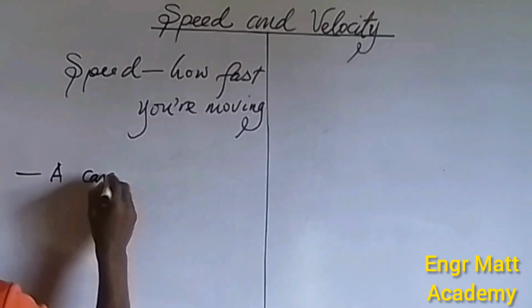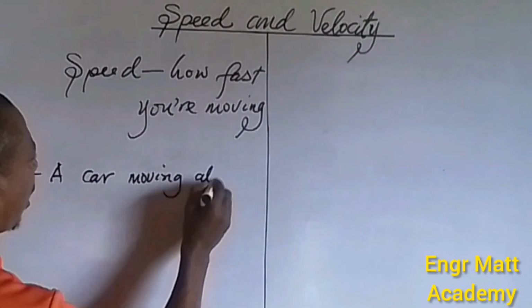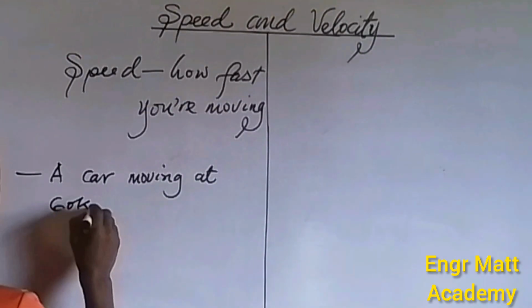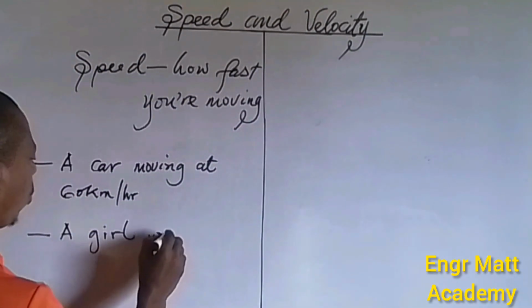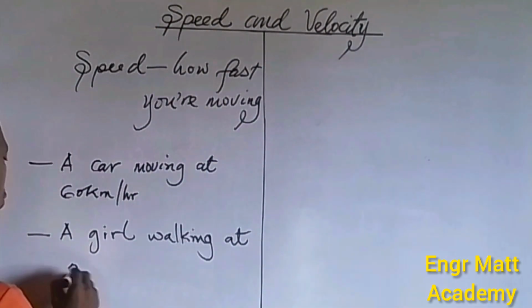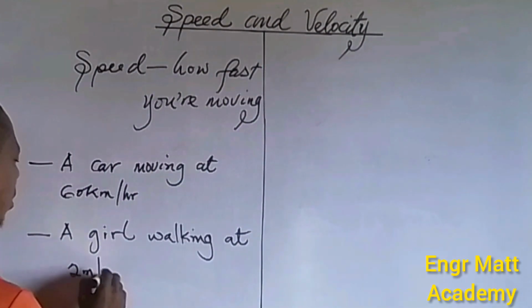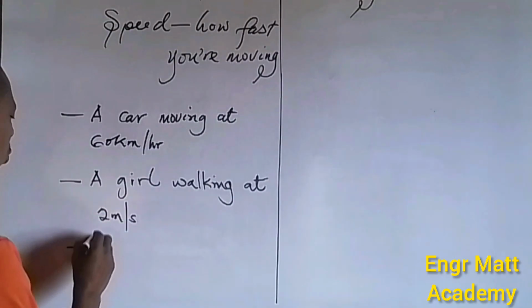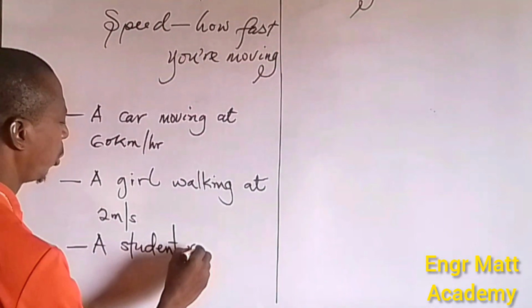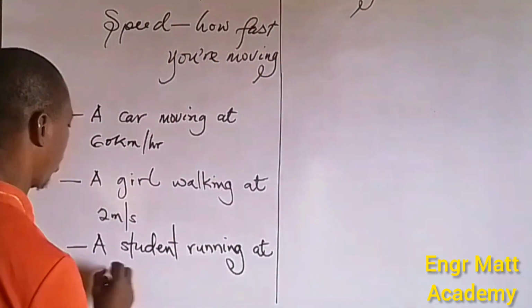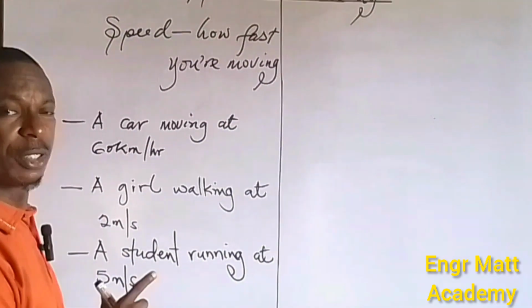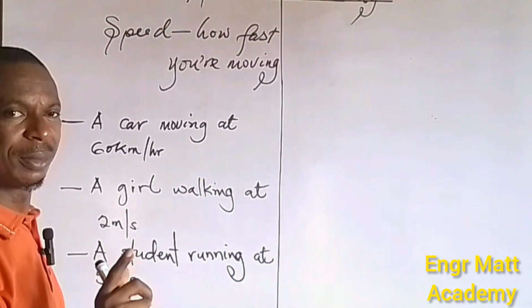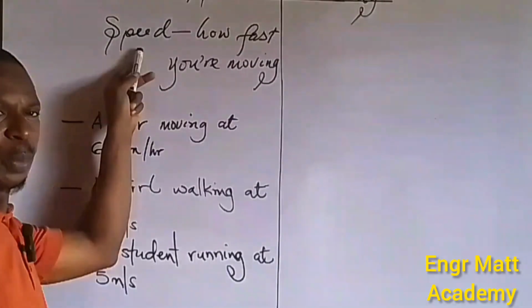A car moving at 60 km/h, a girl walking at 2 m/s, and a student running at 5 meters per second. In all of these scenarios, one thing is common, and that thing is speed.